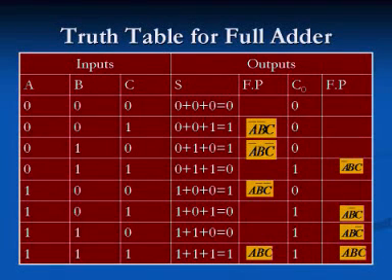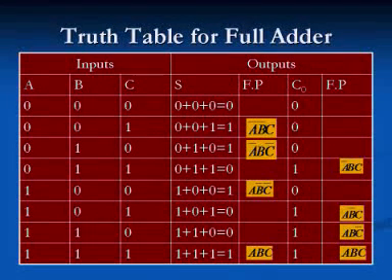Addition of A, B and C should cause sum S and carry C0 at the outputs, and our desired truth table is 0, 0, 0 inputs. Sum is 0 plus 0 plus 0 equal to 0, and C0 is 0 as there is no carry generated.